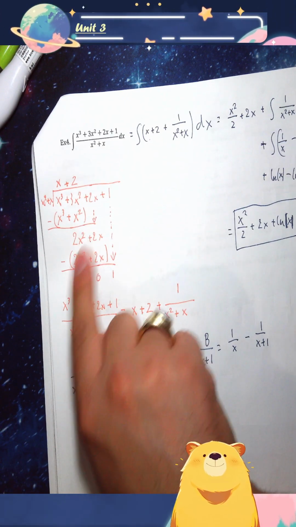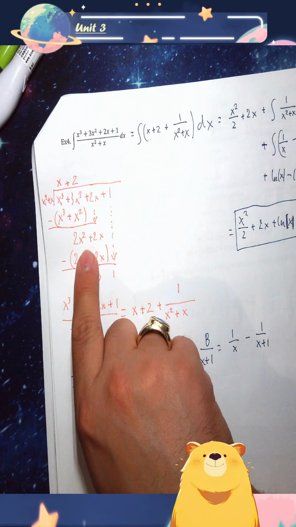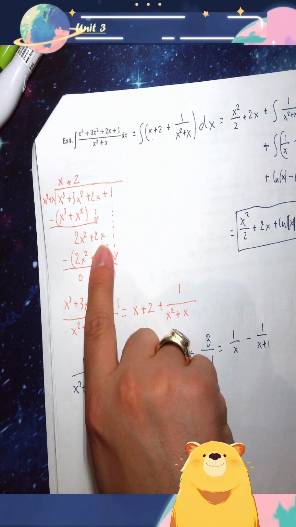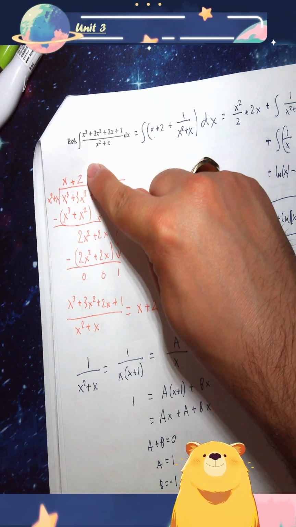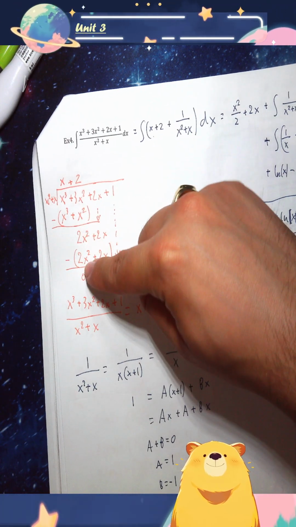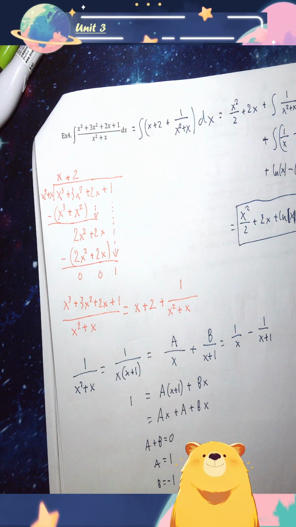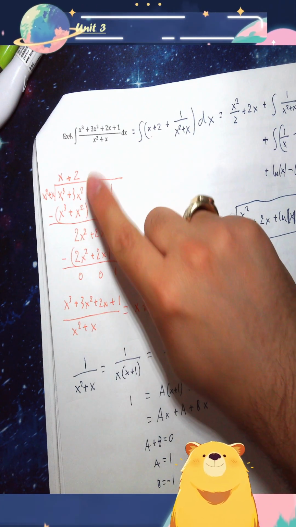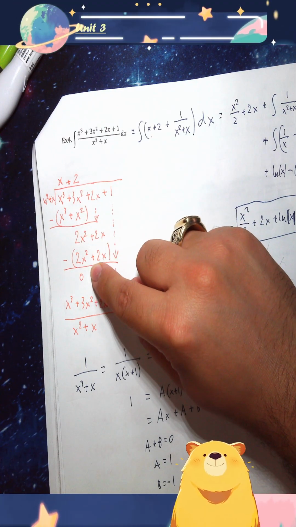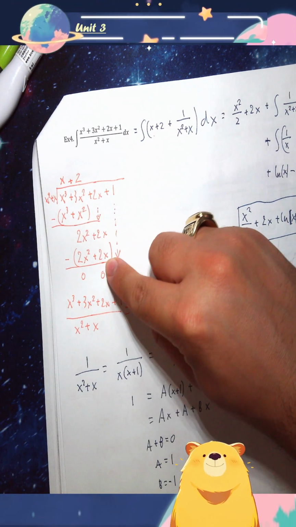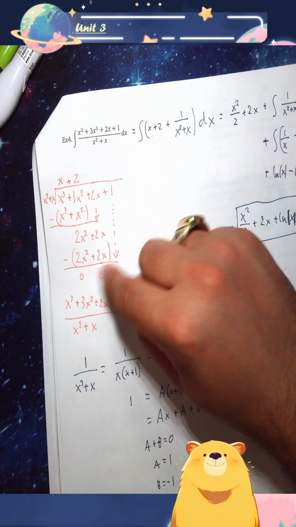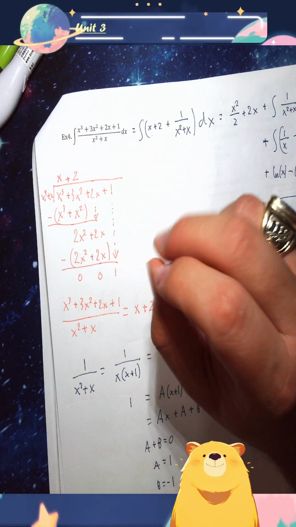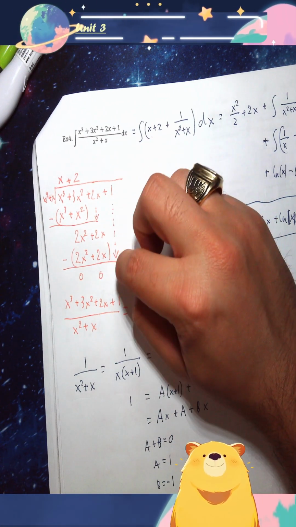Subtract it. We get left with 2x squared. I'm going to drag down this term, plus 2x. We know that we can make this look like this just by multiplying it by 2. So we have 2x squared plus 2x. Subtracting that, we actually end up with both zeros, and then all that's left is a 1.